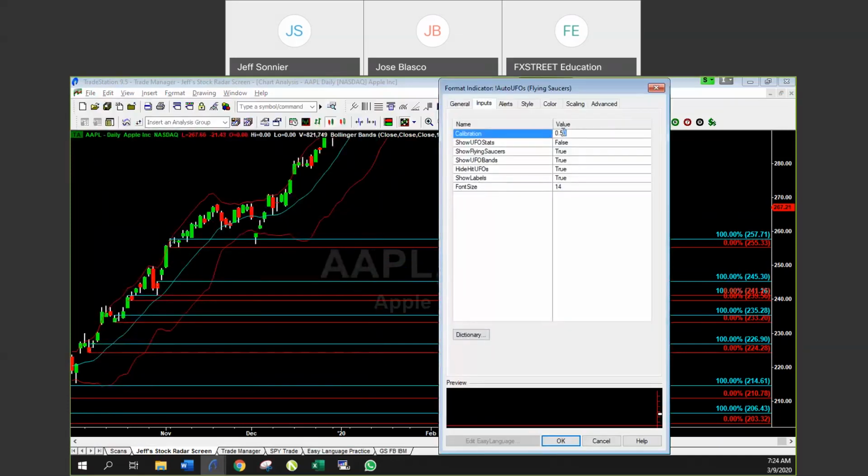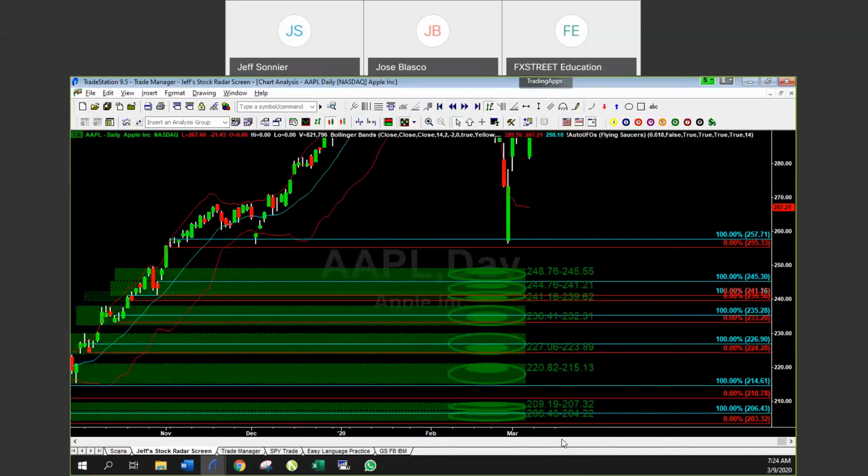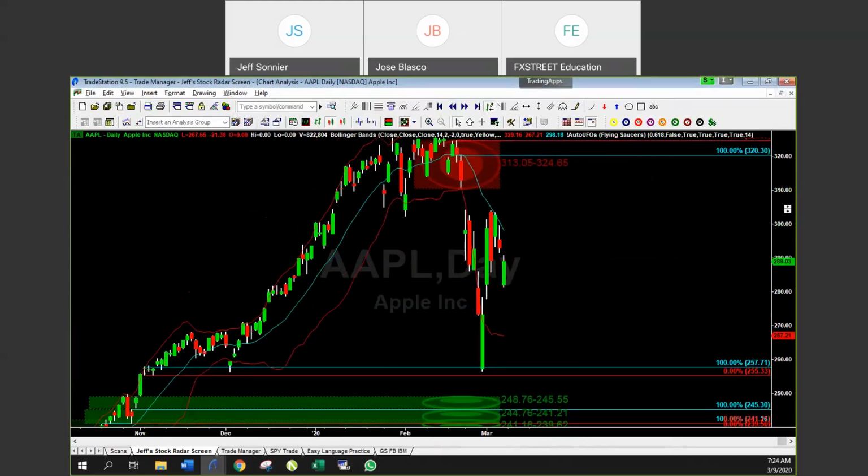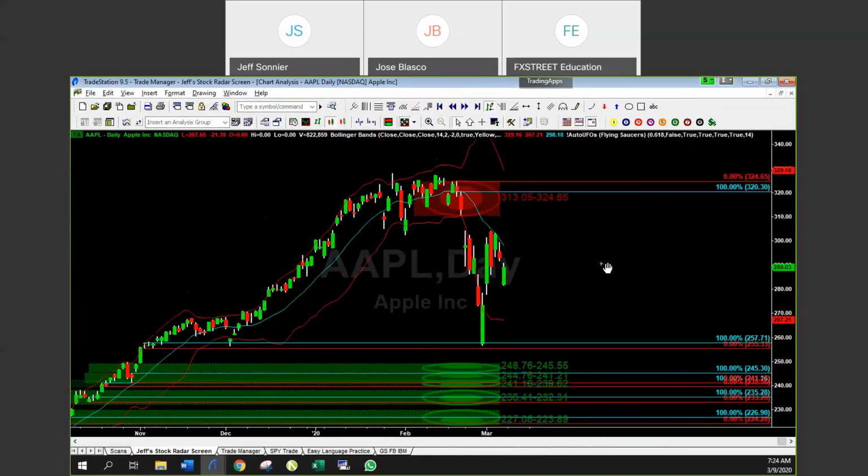And I'll change this to a Fibonacci number. And if you're not good at drawing zones, using the tool that Jose has come up with can really help you zone. So AutoUFOs has come up with this as a zone from here to here.